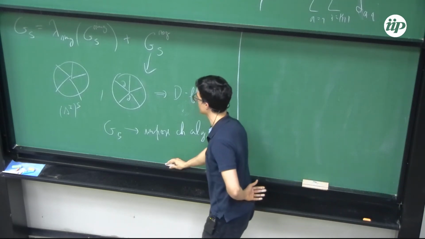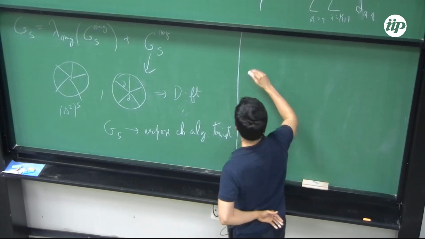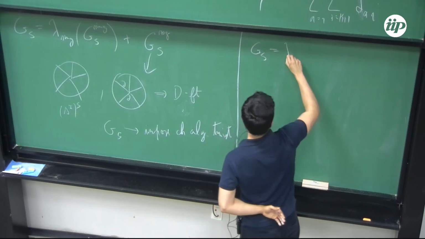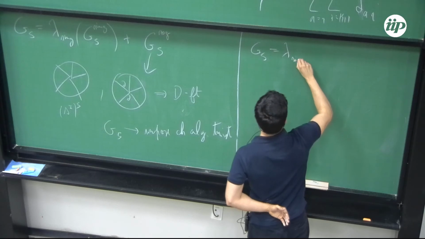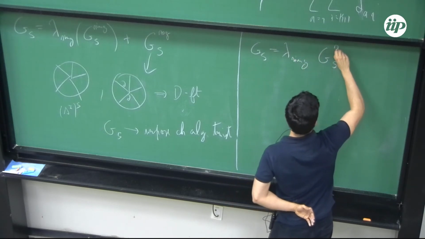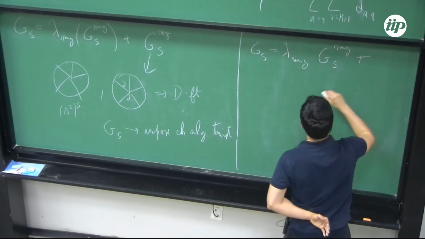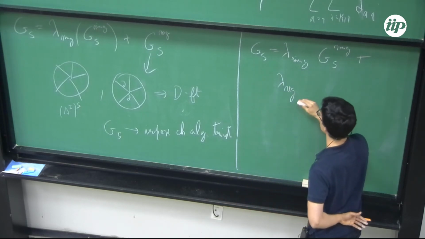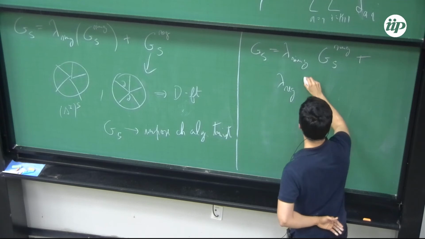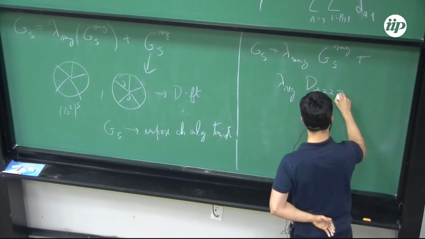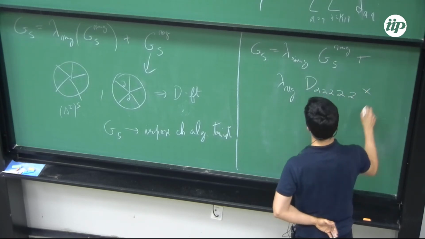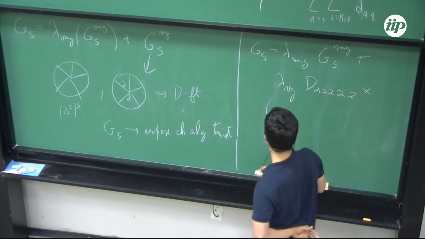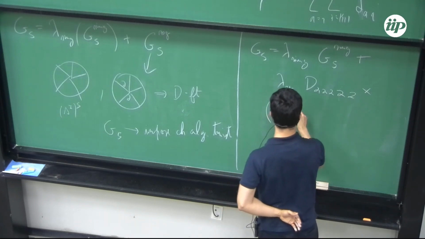And what we obtained was that this G5 was basically still that scale, G5 singular, plus a single regular coefficient times D2 times a combination of those pentagons, which let me just write.